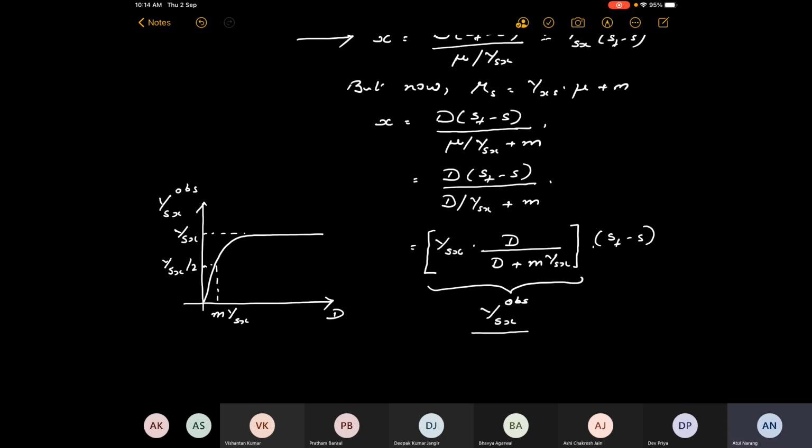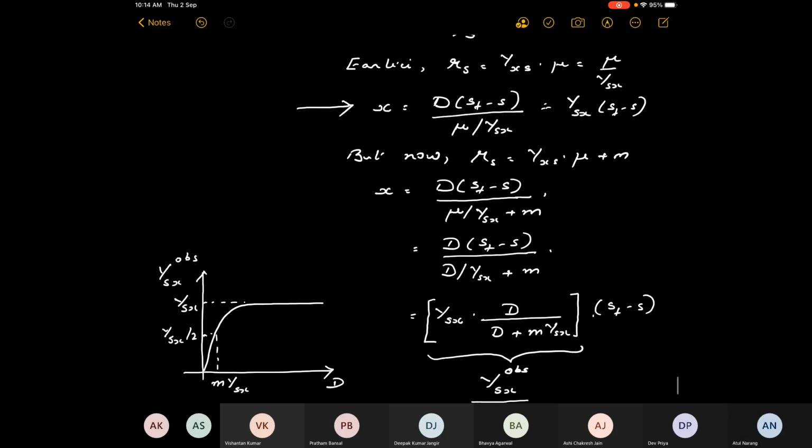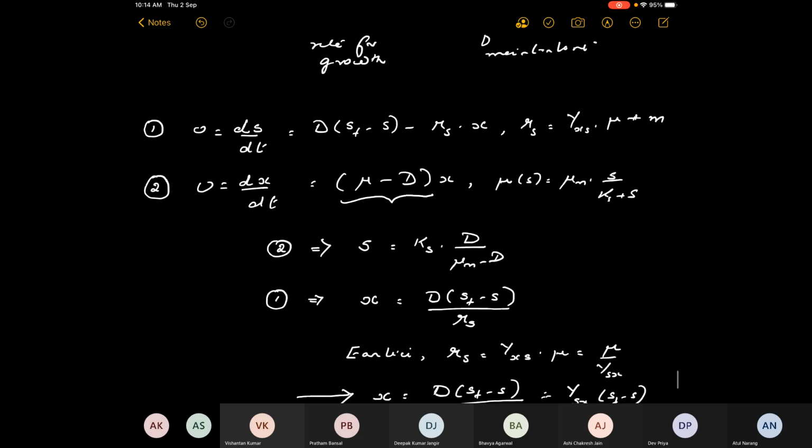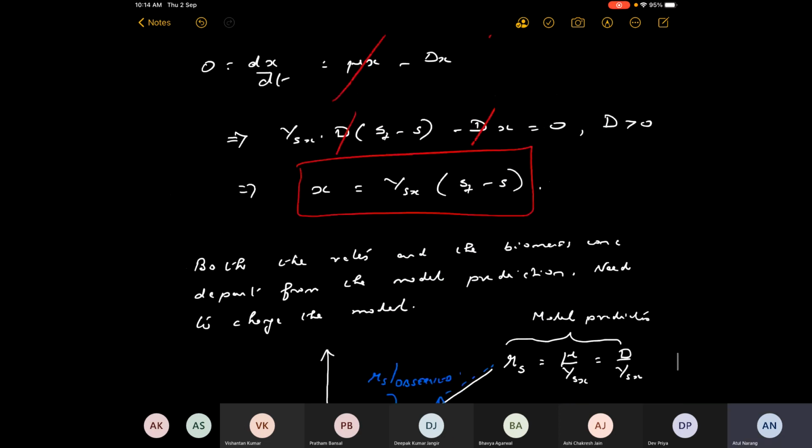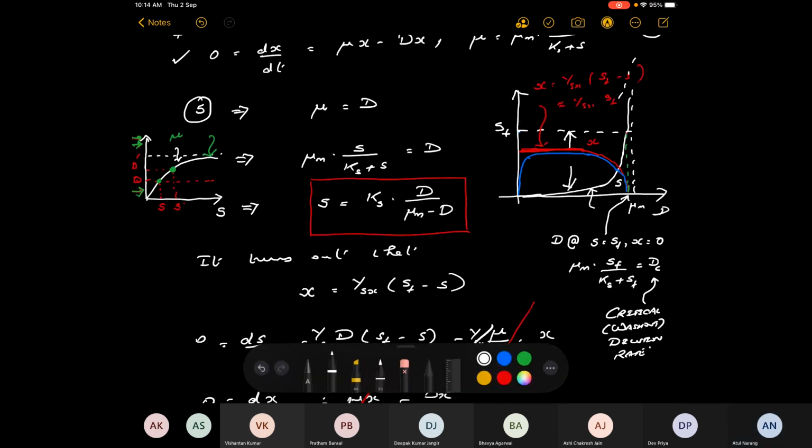So you can now see that this model explains both of the things. If I go back to this plot here, I mentioned that the red curve is what the Monod model predicts, and the blue graph is what is observed.